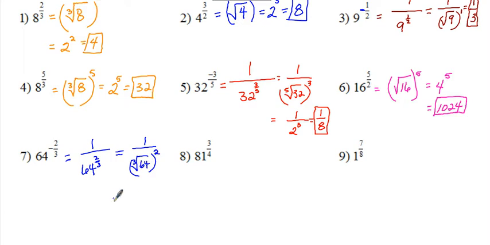The cube root of 64 is 4. Okay, square root of 64 is 8, I know that. But the cube root of 64, that's 4. So again, we're all operating on the bottom of this fraction. So 4, and then of course to the 2 power. So my final written answer on this is 1 over 16.